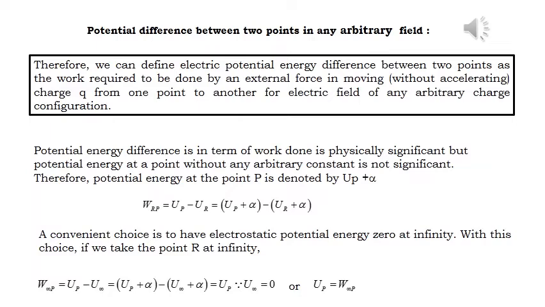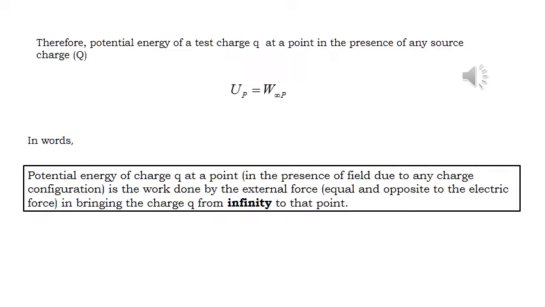So with this choice, W_infinity,P is U_P minus U_infinity, which is straight away U_P, because U_infinity equals 0. As a final conclusion, the potential energy of a test charge q at any point in the presence of a source charge Q is U_P equal to W_infinity,P.